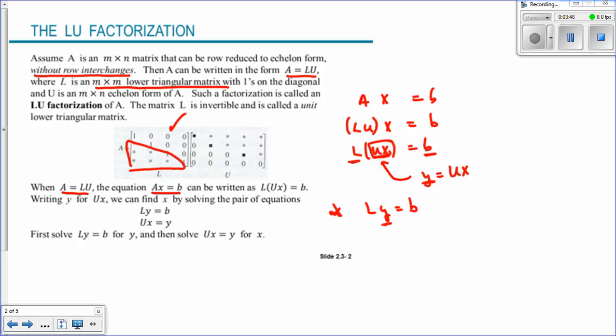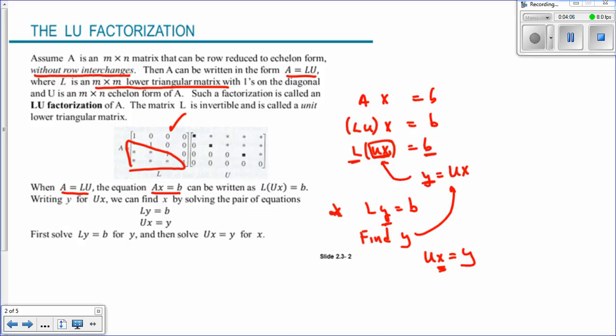Okay, once you calculate the y, then we're going to go back into the original equation up here and find what is the x that makes Ux equal to the y. And so then we'll be able to calculate our x. Okay, so those will be the steps.